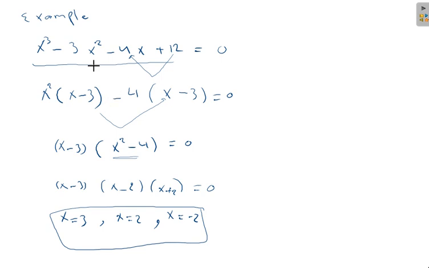Now, in 4 terms and above, if we can't find a common factor, if a divided by b does not equal c divided by d, then we can't find a common factor and we can't do it by factorization.